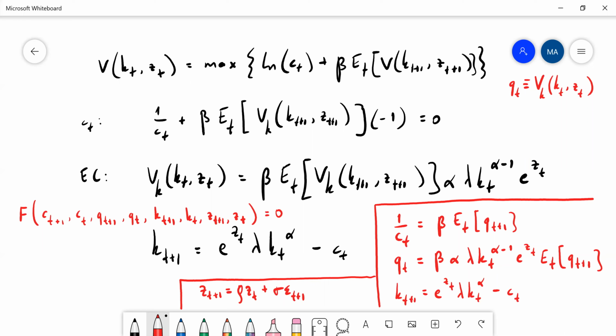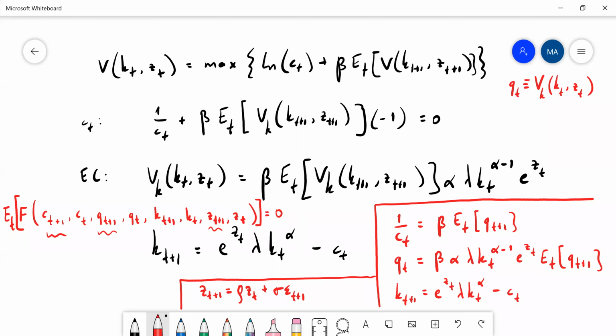And you can write all these equations in this way, but here, obviously, you have to take the expectation. Okay? Because you have forward-looking variables, right? Such as these ones.